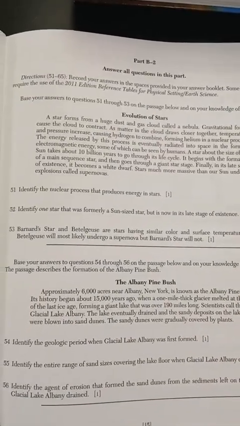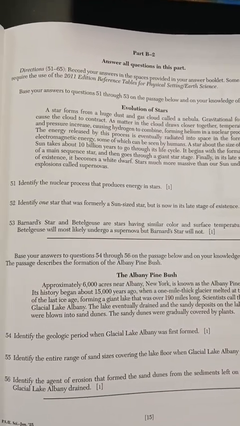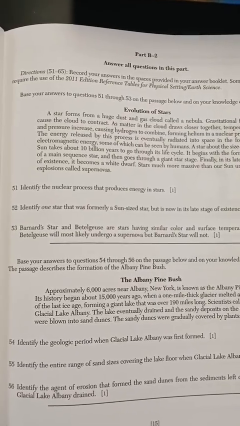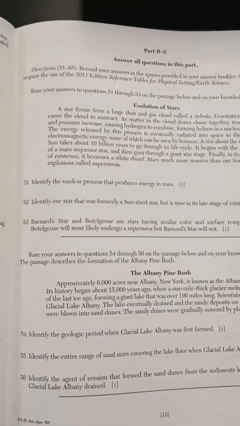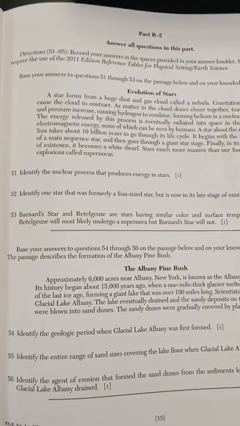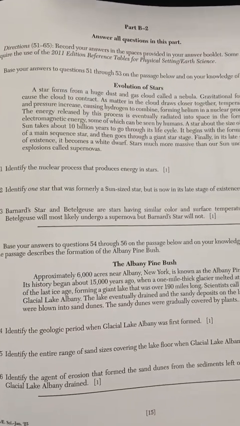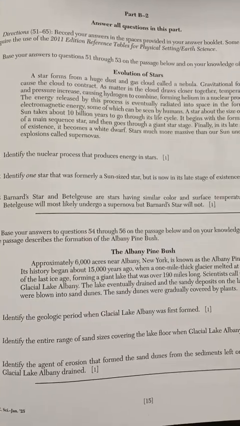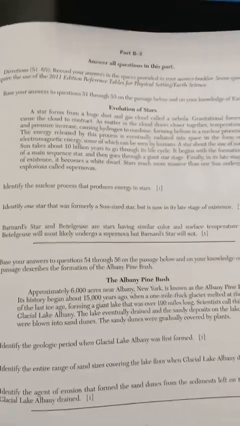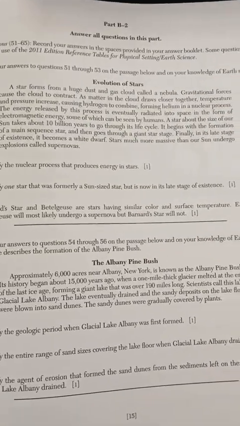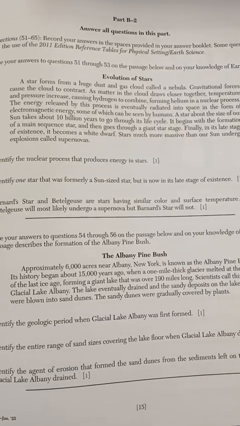All right, so the first question for number 51 says, identify the nuclear process that produces energy in stars. Since it's telling me to identify a process, I know that I probably won't need the Earth Science reference table. I have to actually know how stars form. Did they tell me about this process in the paragraph? They did, but they did not mention the name of it.